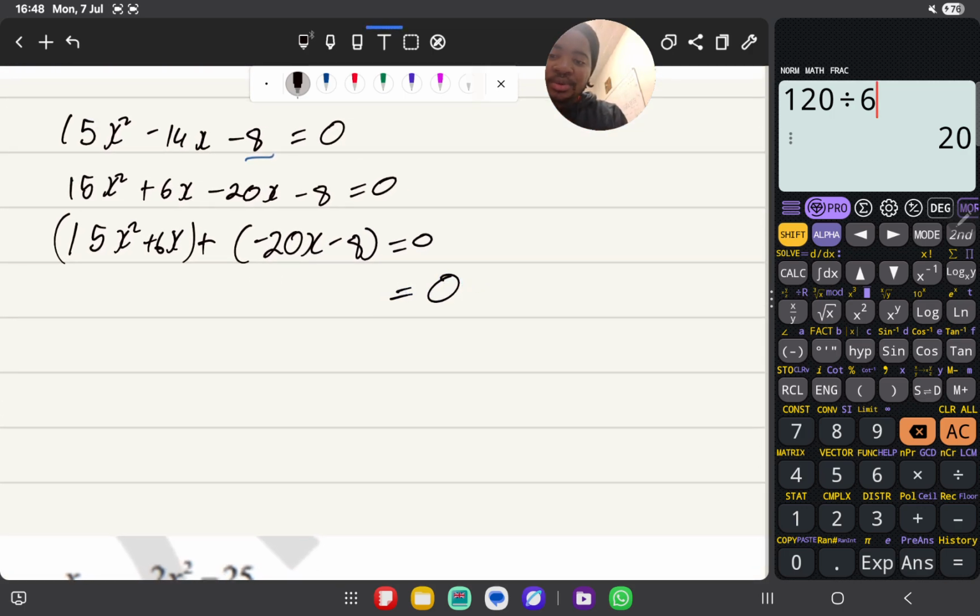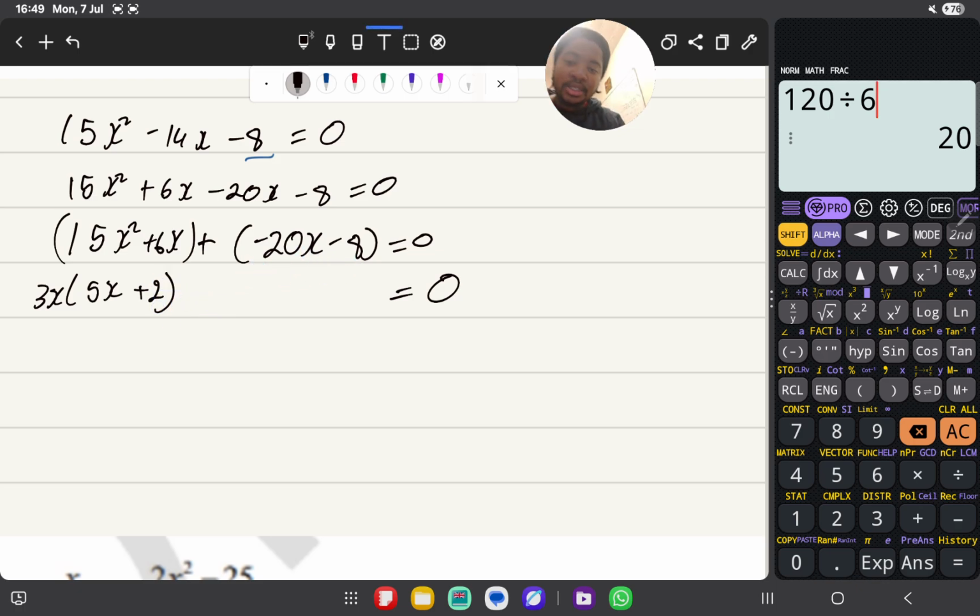Now this is where we take out the highest common factor in each bracket. Here the highest common factor is, of course, there's x and 3 as well, so we take out 3x, and this is going to be 5x plus 2.